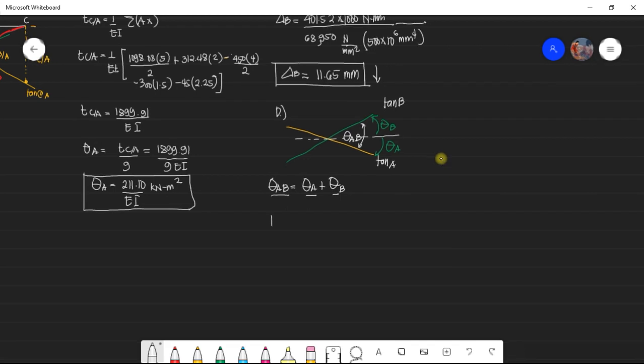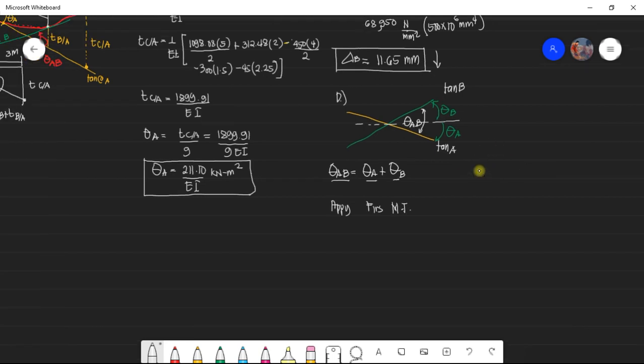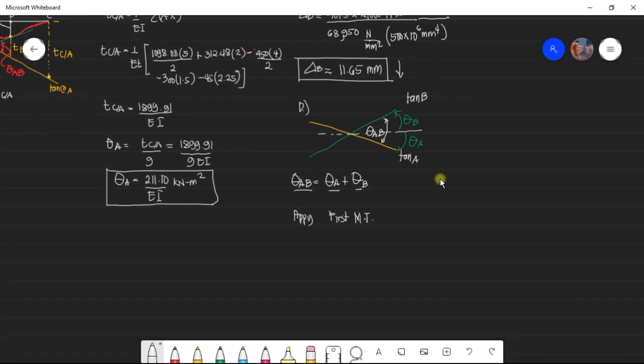So, we apply the first moment theorem. The first moment theorem states that the change in slope is equal to 1 over EI times the area in between AB.